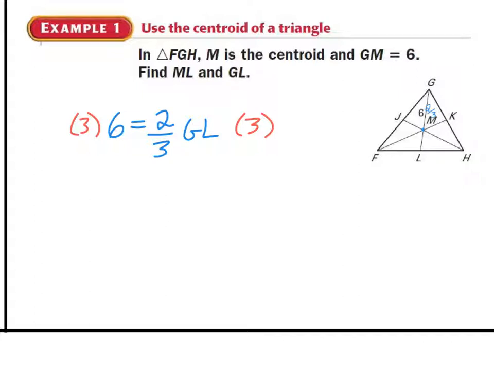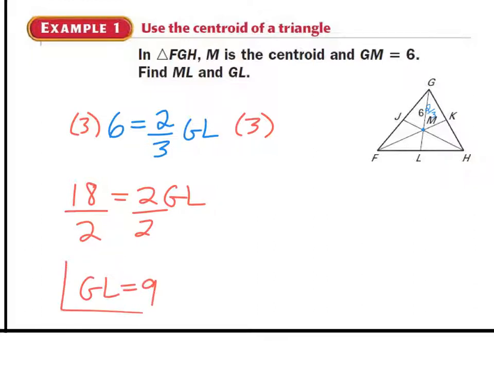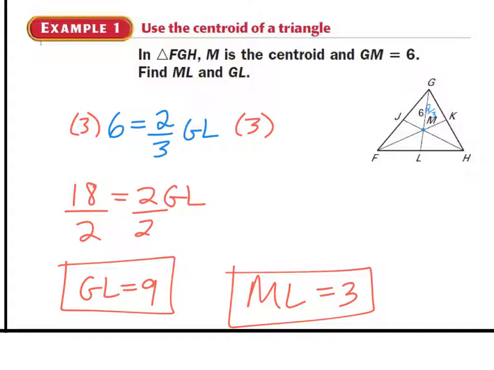So then you would get 18 equals 2 GL. Divide by 2, and you get the same thing you guys just told me, that GL is equal to 9. And so then we know the remainder, ML, would be equal to 3. That's really it.